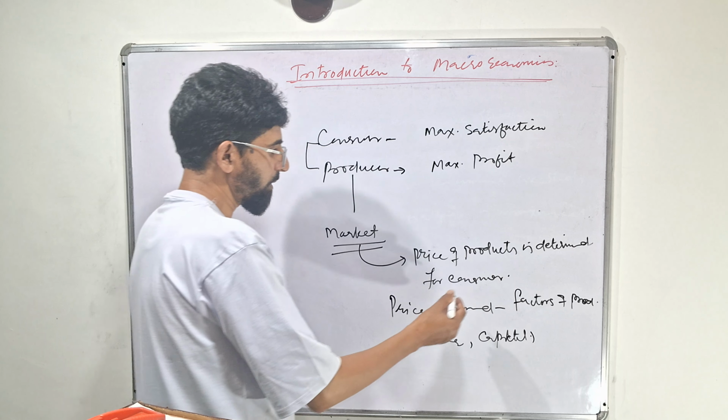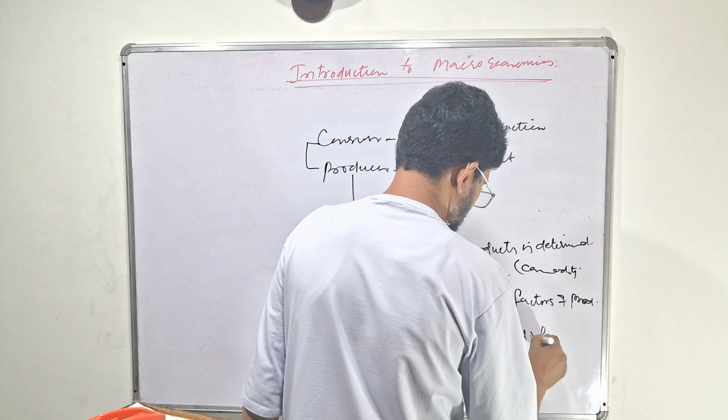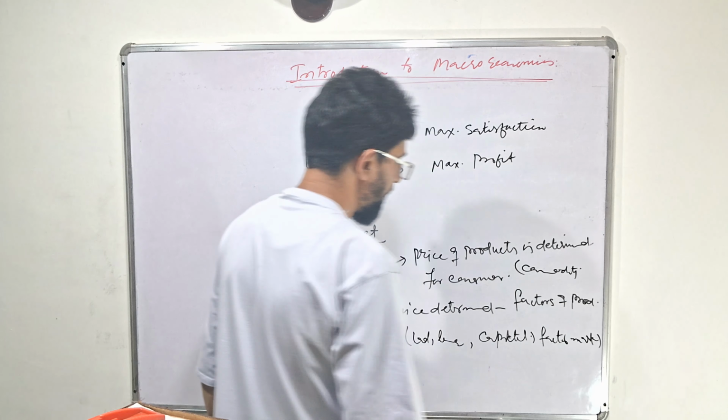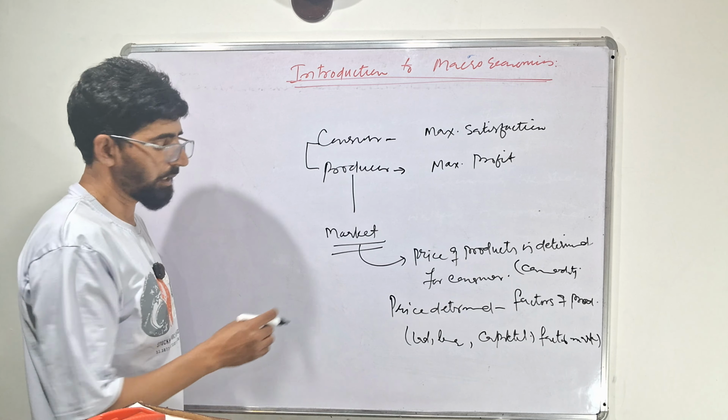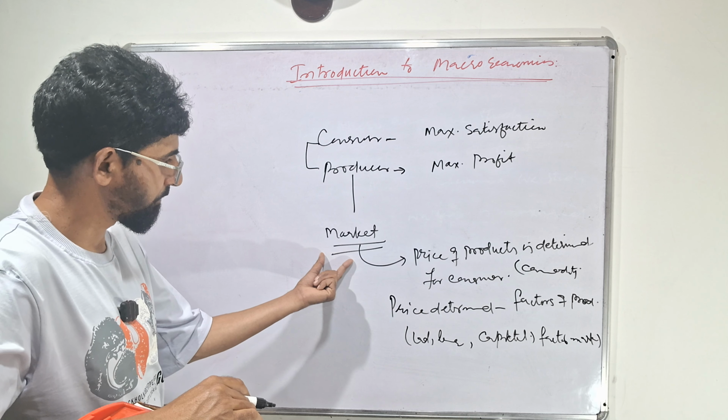This we call the commodity market, and this we call the factor market. The price of both the commodity market and the factor market is determined at the market.